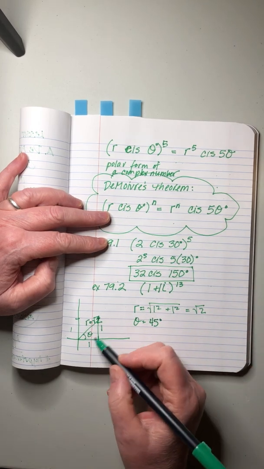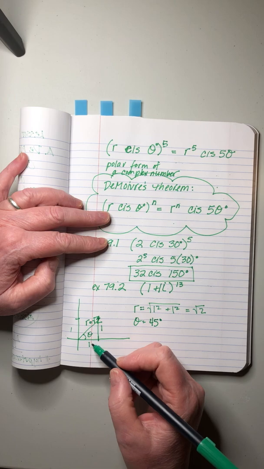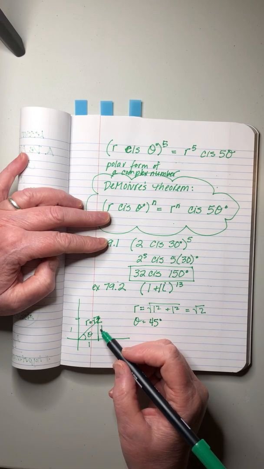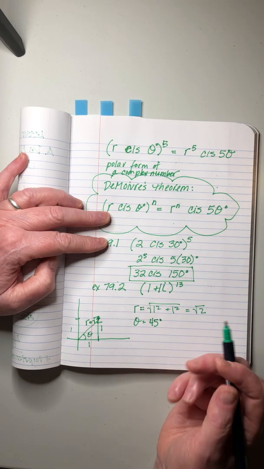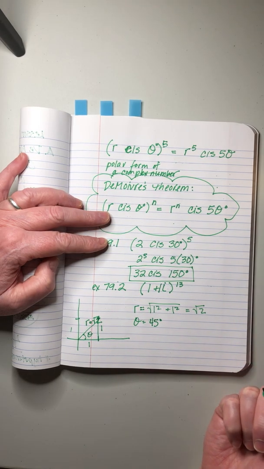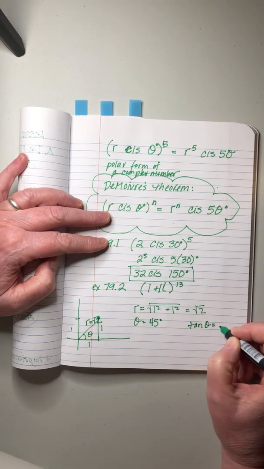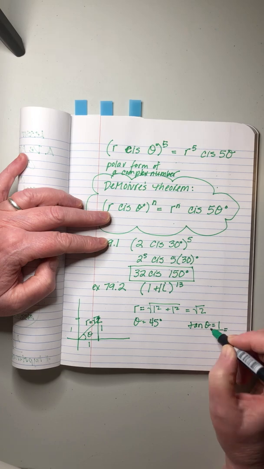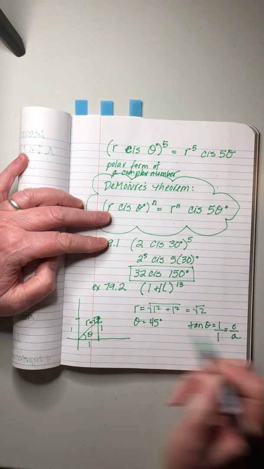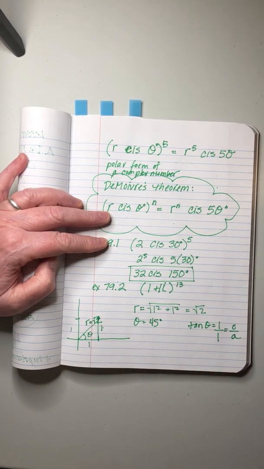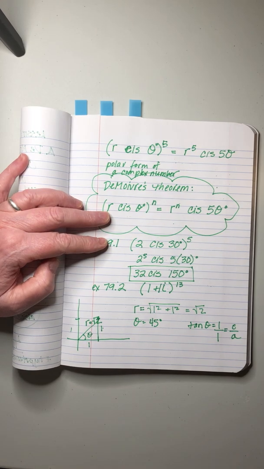Okay, and we could have figured it out if we didn't know right away. We could have figured that the tangent of theta equals 1 over 1, which equals 1.